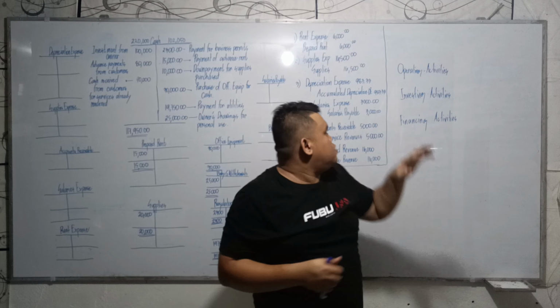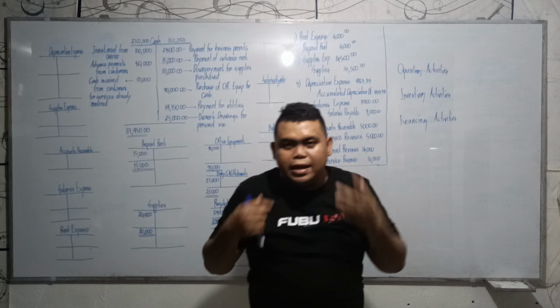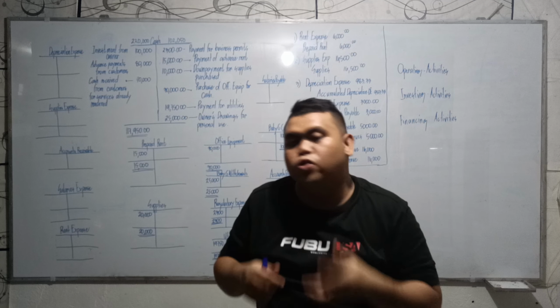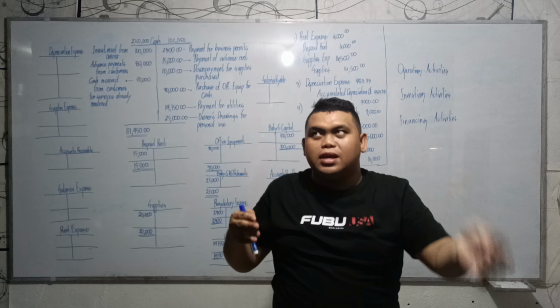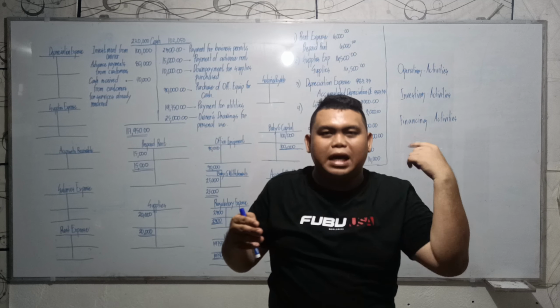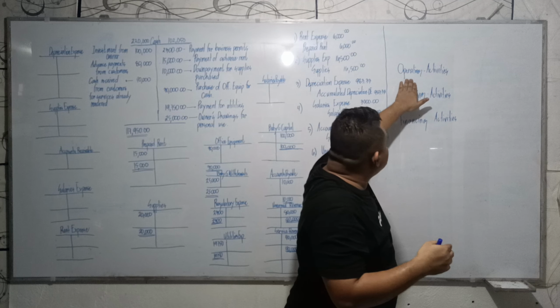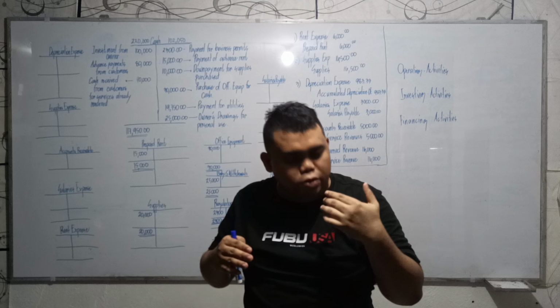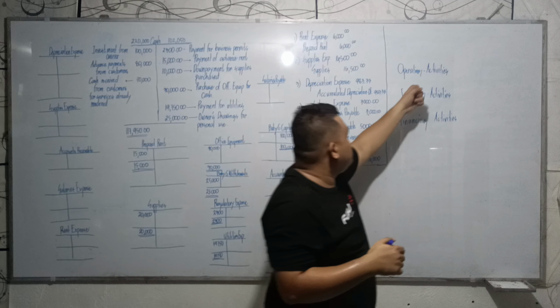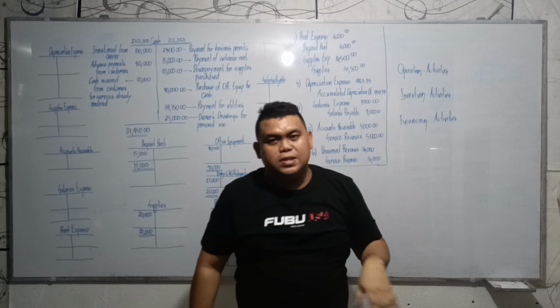Again, operating activities are related to your day-to-day operations or the normal course of business of the company. Any cash inflow from that will be under cash inflow from operating activities, and any outflow because of your day-to-day operations will be in the operating activity section also.